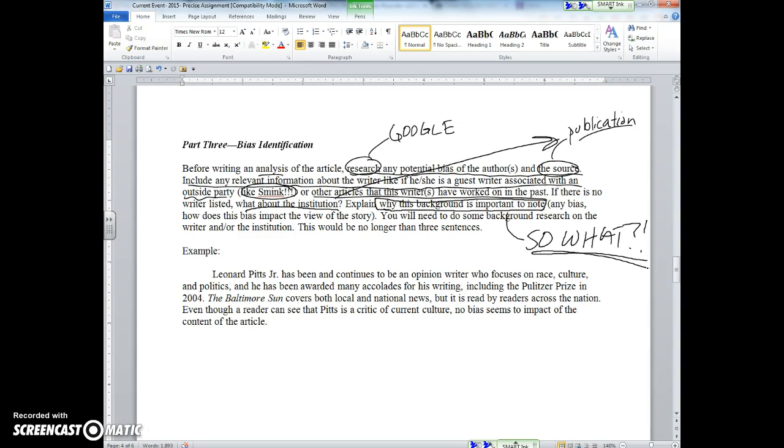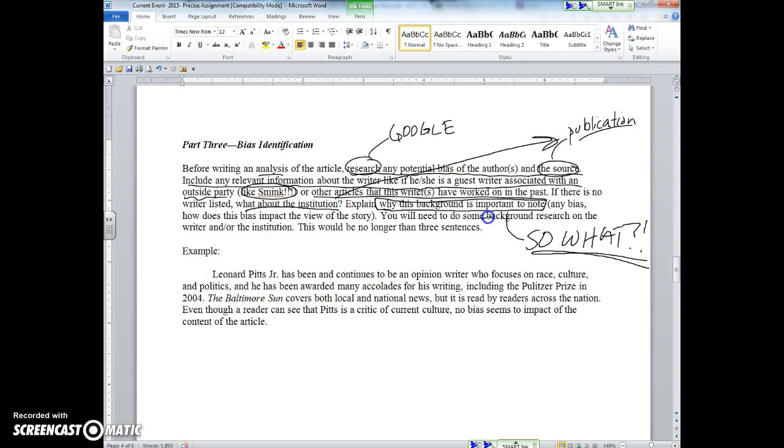He clearly has some stock in this, or will benefit from this, and so it makes the reader question or be more wary as they read. So you need to be able to articulate why I care about this bias.